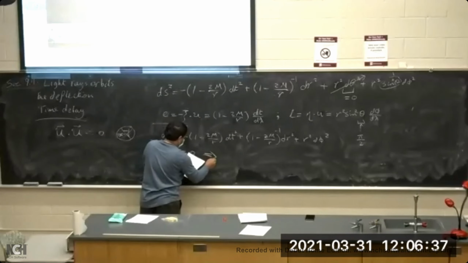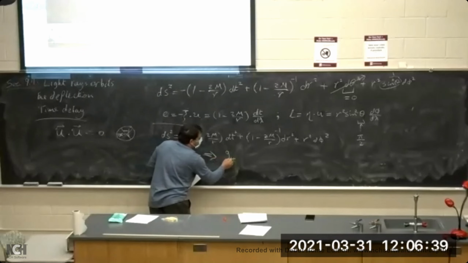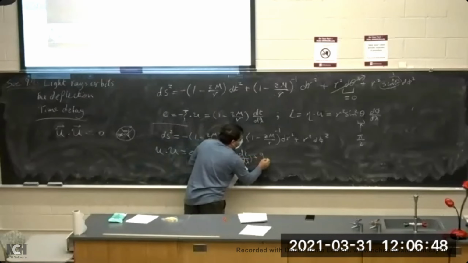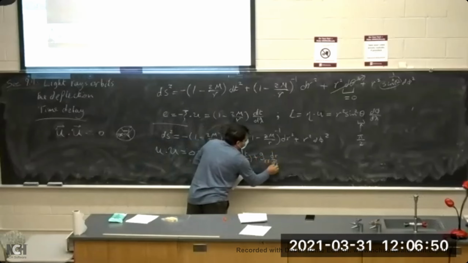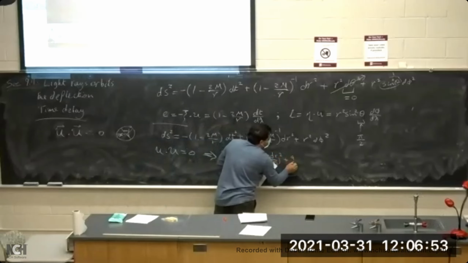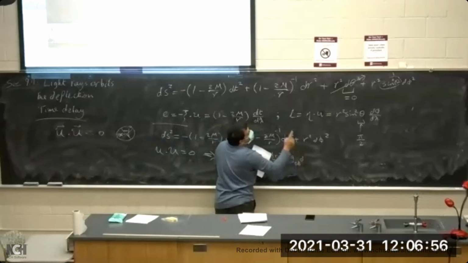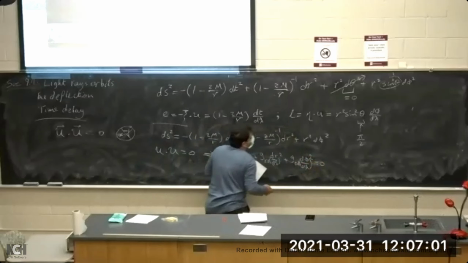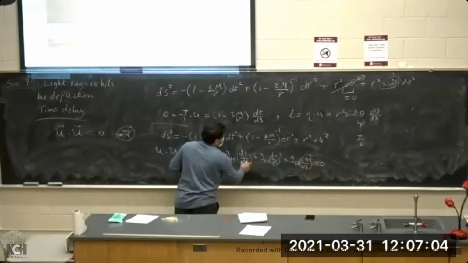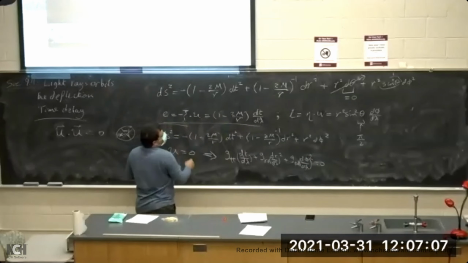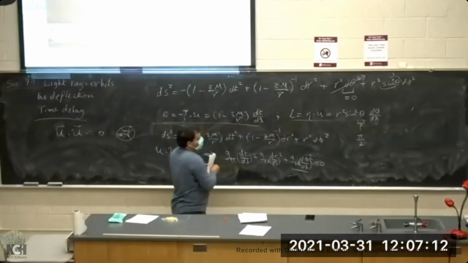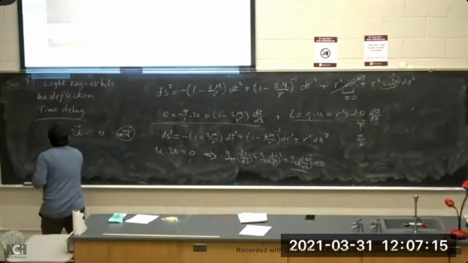In this case, we have g_tt (dt by d lambda) square plus g_rr (dr by d lambda) square plus g_phi phi (d phi by d lambda) square is equal to 0. Now we can use dt by d lambda from this formula and d phi by d lambda using this formula.